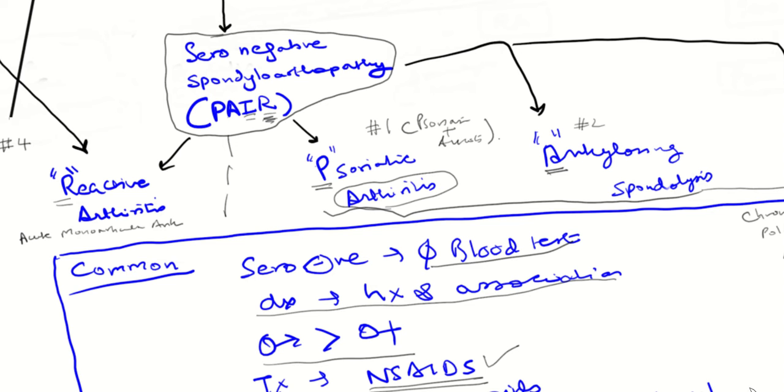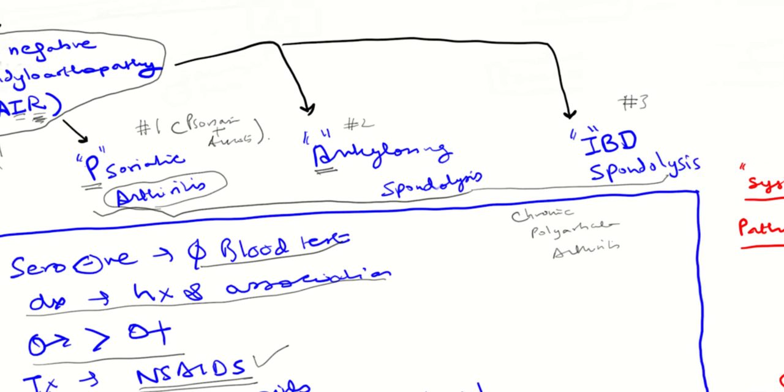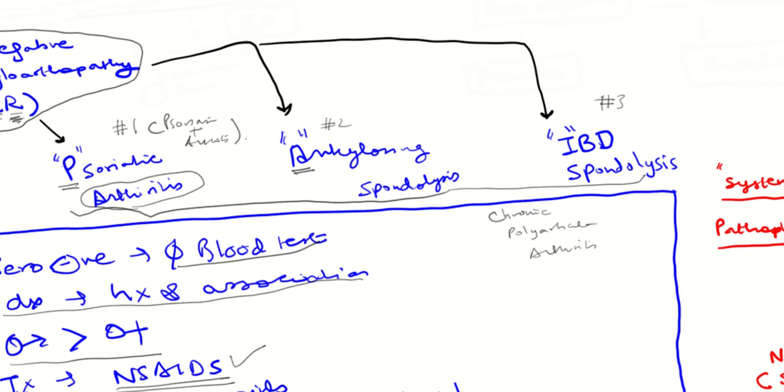If they've got inflammatory bowel disease, such as ulcerative colitis or Crohn's disease, and now they start to have arthritis, now you have inflammatory bowel disease spondylitis. Okay, that's how they're going to tell you in the question, and actually a lot in real life as well.